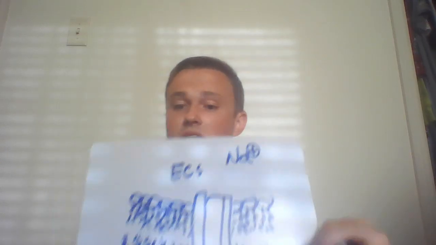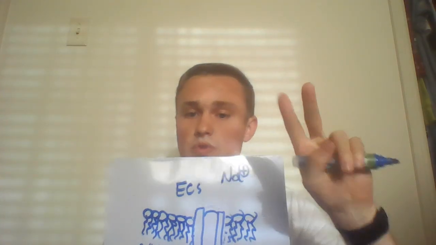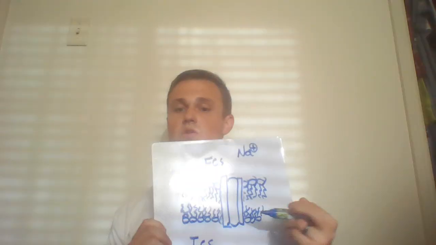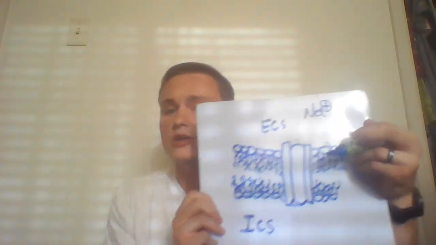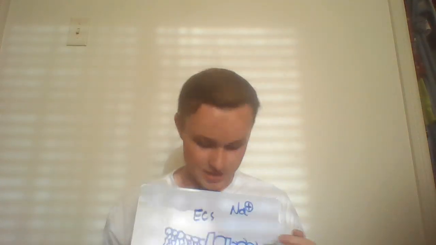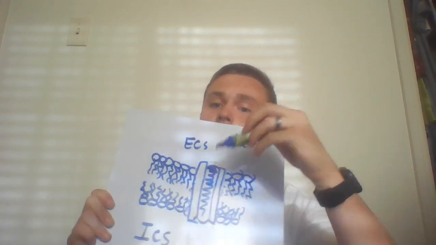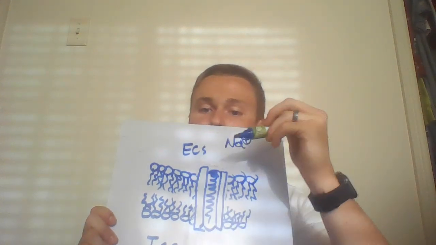Now, channel proteins are often extremely specific, meaning they only let across one or two things through a specific channel. So this is a sodium-specific channel protein. I didn't draw it very well, but this is supposed to illustrate a tunnel, if you will, for the sodium to traverse our phospholipid bilayer membrane.